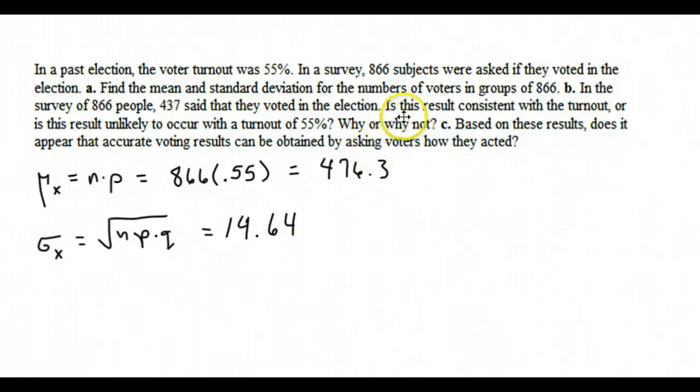Okay, and then it says that in the survey of 866 people, 437 said they voted in the election. Is this result consistent with the turnout, or is this result unlikely to occur if the turnout really is 55%? So we can do a couple of different things. One, we can look at how many standard deviations that number is away. So 476.3, if I subtract 2 of these 14.64s.